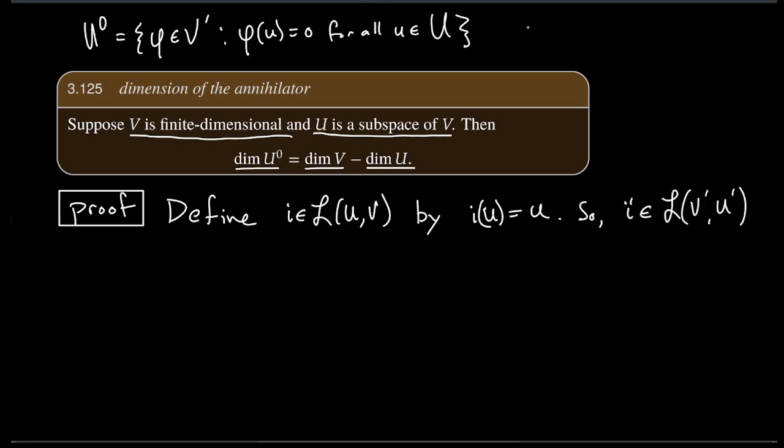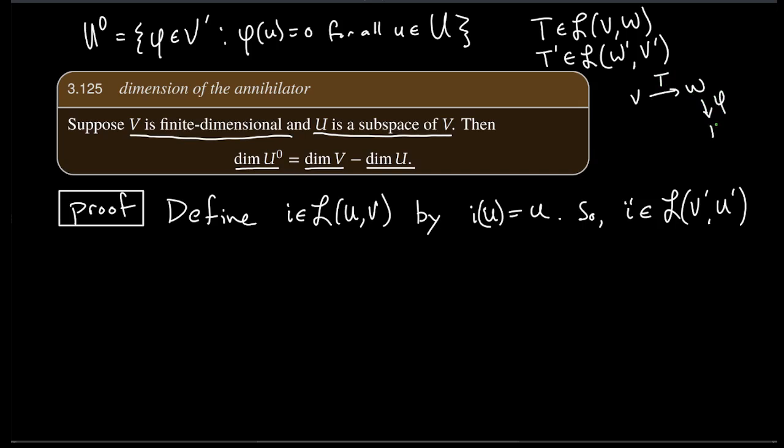Remember, if you have T in L(V, W), we can take its dual map, T', in L(W', V') as follows. Here's the idea. You've got V, you've got W. T takes you over here. If you had some sort of a way of sending something from W, say some φ, to the underlying field, that is something in W', then using T, you get a new way to send V to the field.